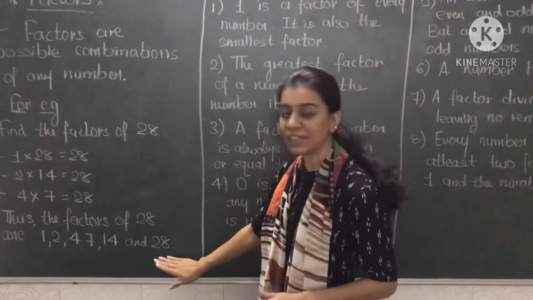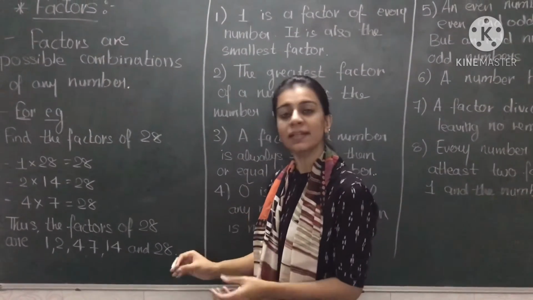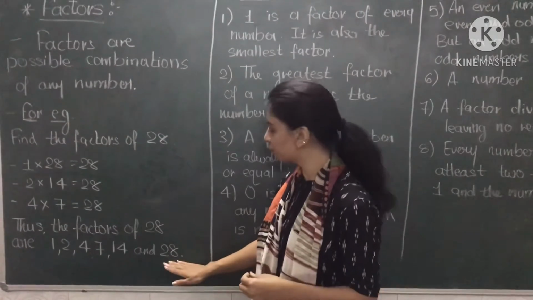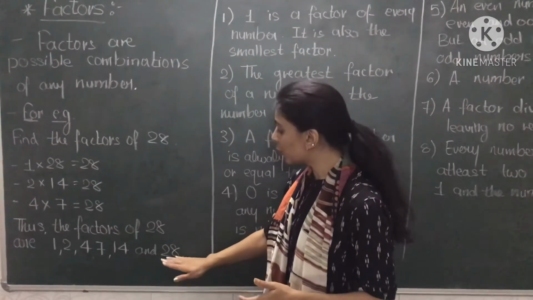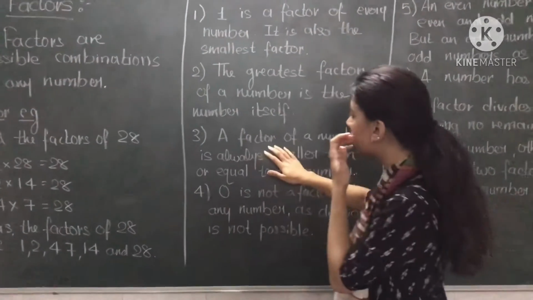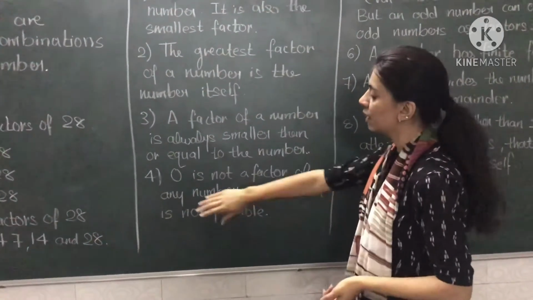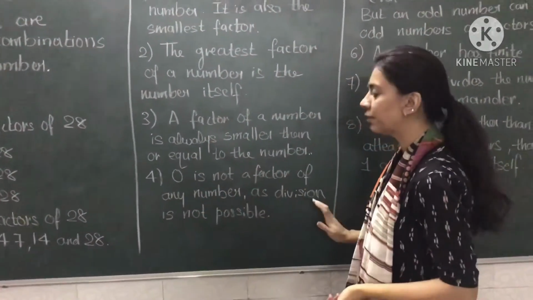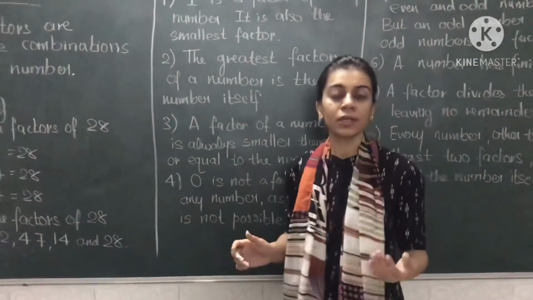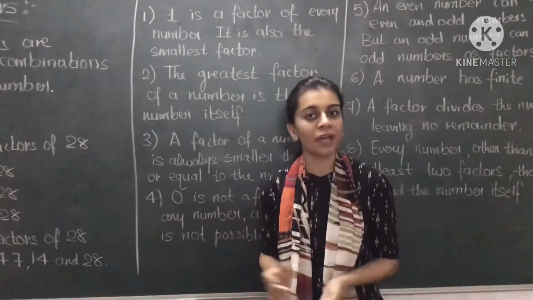The number given to us is 28 and all the factors are either smaller than 28 or equal to it, 28 being the number itself. No factor is greater than 28. So a factor of a number is always smaller than or equal to the number. Next, 0 is not a factor of any number as the division is not possible. Now you know any number cannot be divided by 0, so 0 is not a factor of any number.